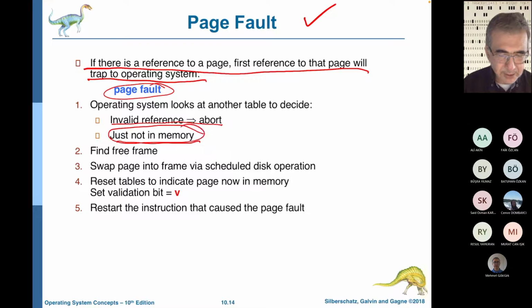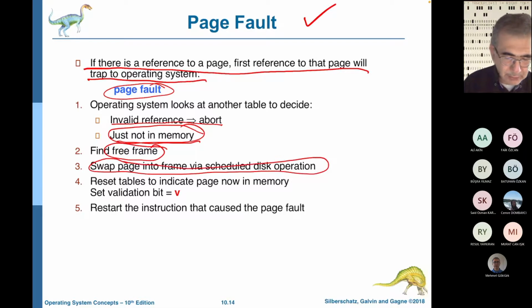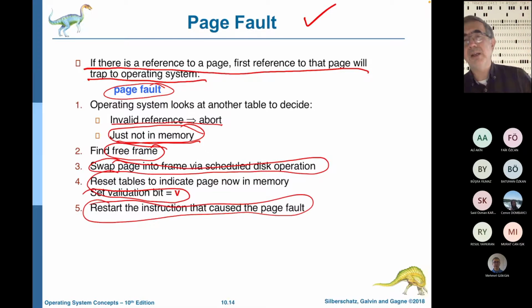If it is just not in memory, find a free frame, as I did, swap the page into the frame with a scheduled disk operation, set the validation bit to V, and restart the instruction of the process so that it works as if nothing has happened. The application is unaware of the paging operation. It's just slowing, seriously slowing.